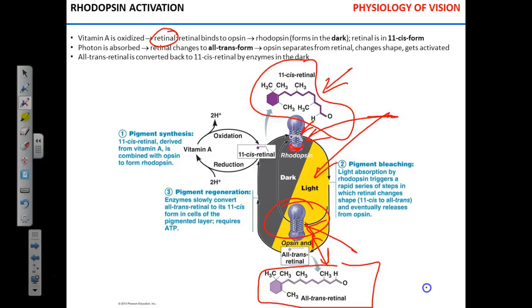When I absorb light, 11-cis changes to all-trans and dissociates from me, and I change my conformation. Does that make sense? That sequence of events. So far, that's all you need to understand right now. Is that clear?